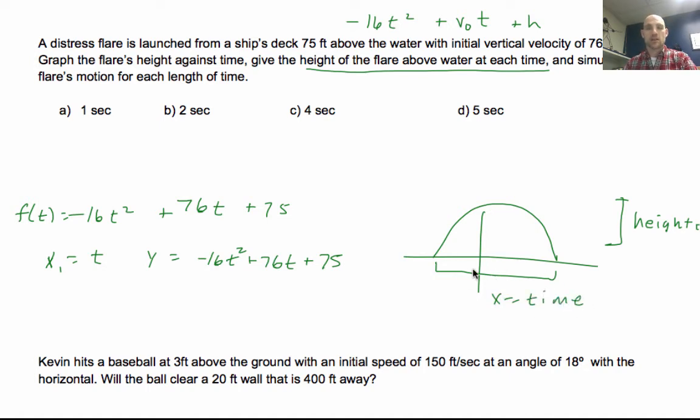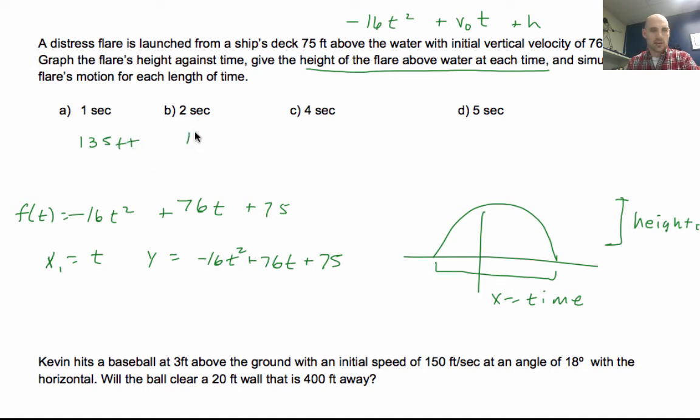Because as time ticks on, 1 second, 2 seconds, 3 seconds, we're going to see what happens to this flare. Now, this is obviously an incorrect graph, but that's why x sub 1 is time, because time is the variable that goes in, and y is represented by our height. That's the parabola. And so when we evaluate for 1 second, you should get 135 feet.